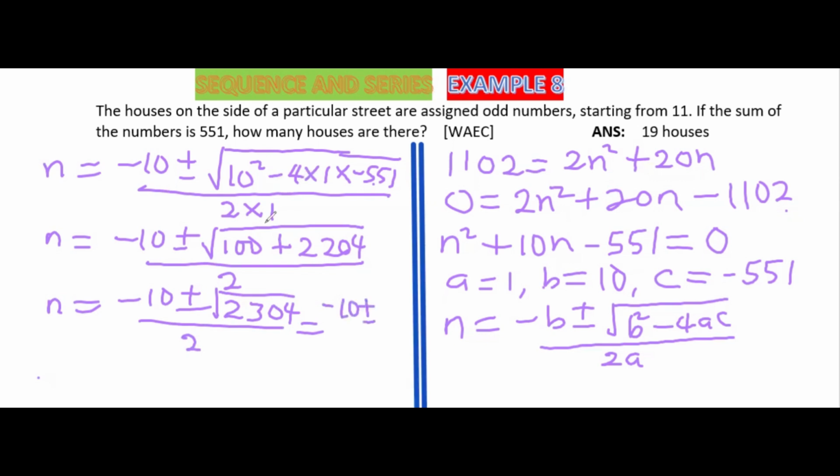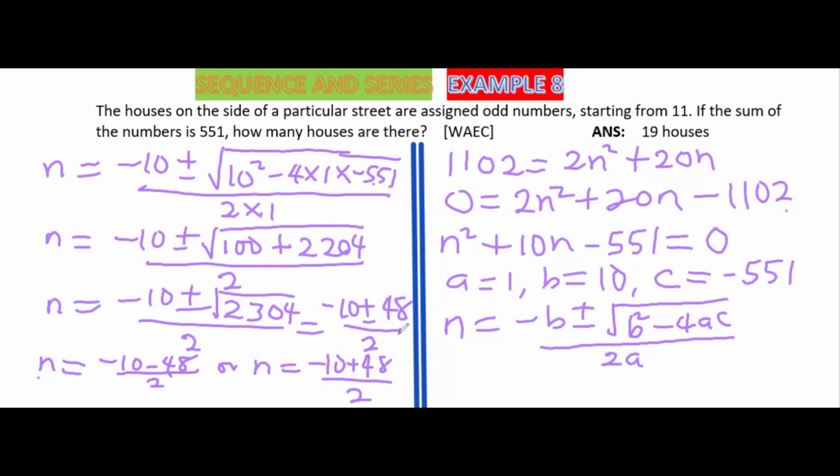plus or minus, what's the square root of 2304? That gave us 48. So over 2. We can now say n equals negative 10, this one means negative 10 minus 48 over 2, or n equals negative 10 plus 48 over 2.